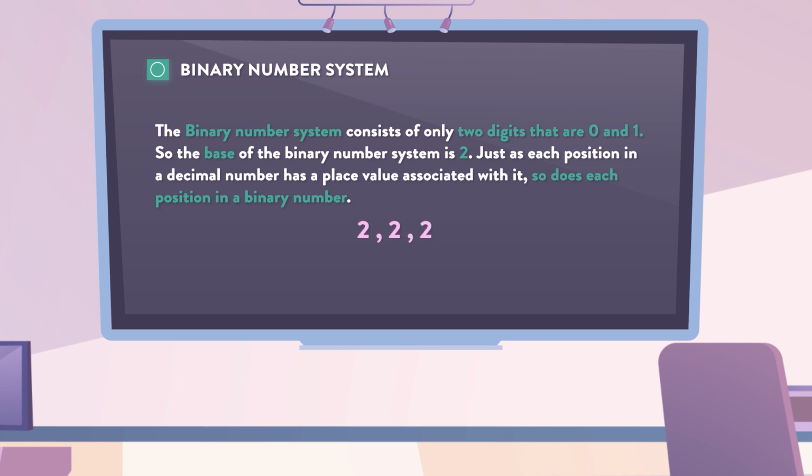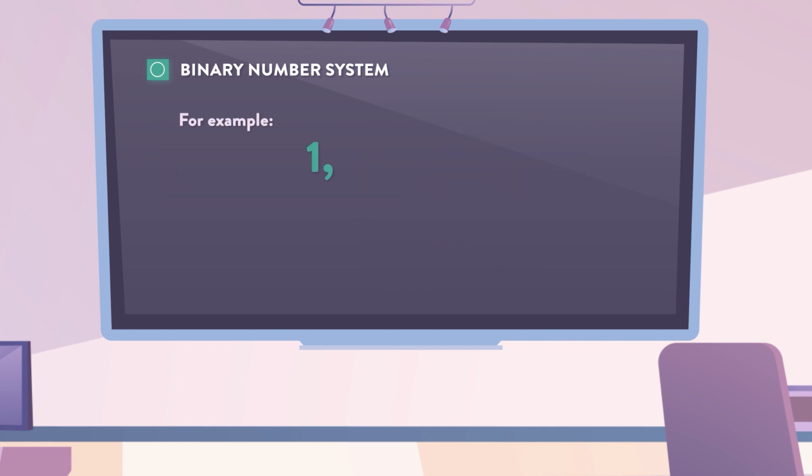In binary, the place values moving from right to left are successive powers of 2. So 2 to the 0, 2 to the 1, 2 to the 2, 2 to the 3, or 1, 2, 4, 8. For example, in a 4-digit binary number, the binary place values are 1, 2, 4, and 8.